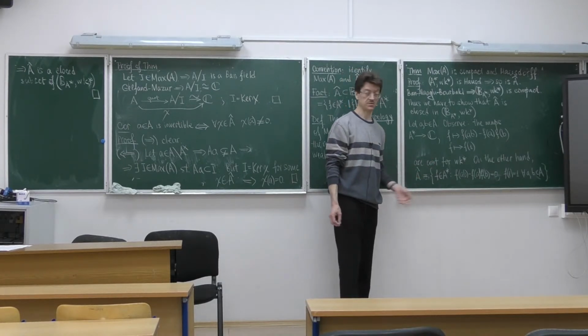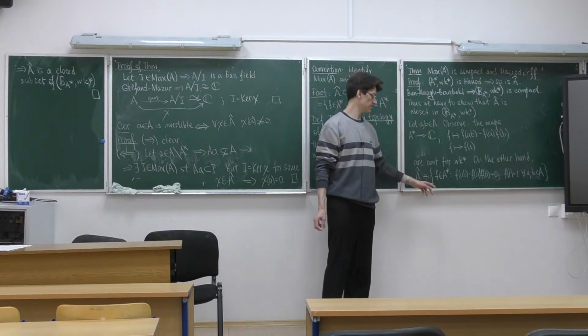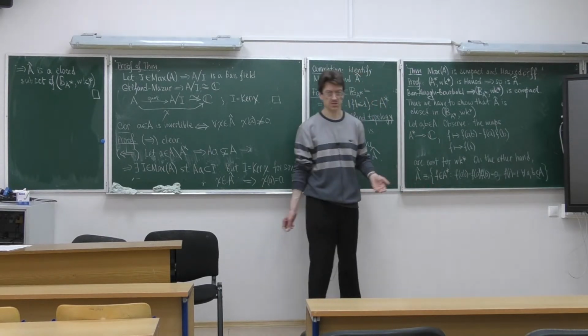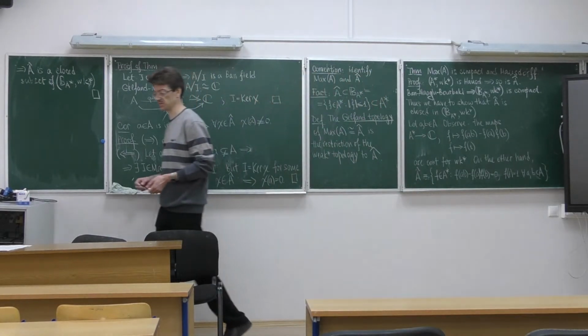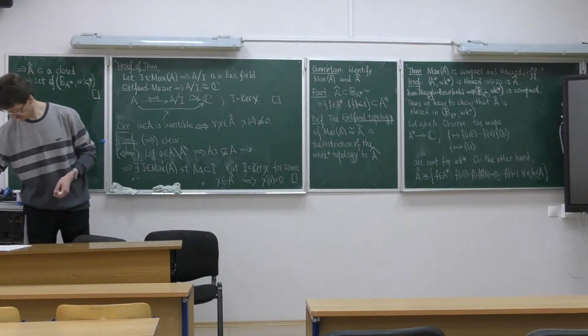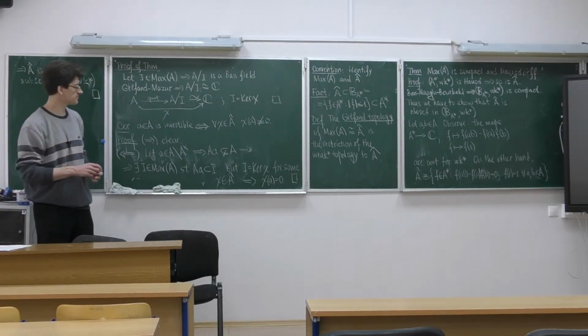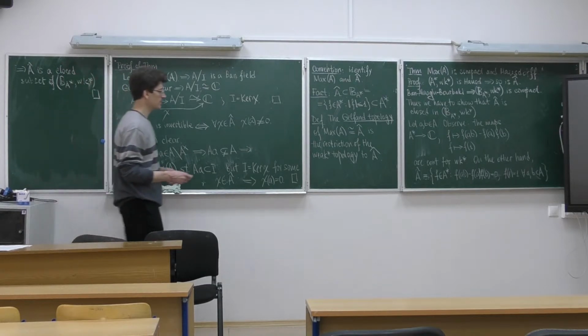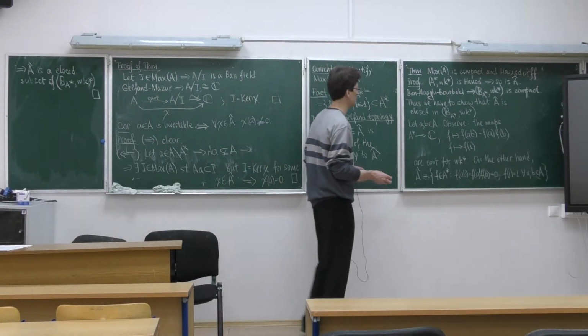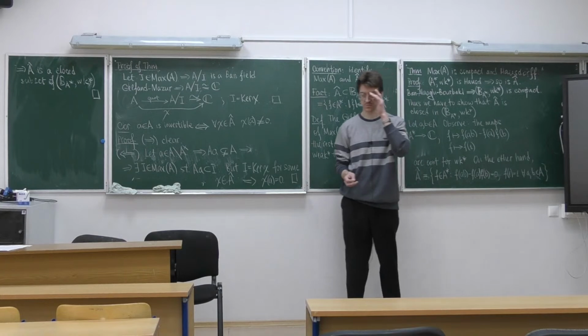And now we just take the intersection over all pairs A and B, and we get this. And the intersection of any family of closed sets is closed. Okay, so the maximal spectrum is a compact Hausdorff topological space for the Gelfand topology.